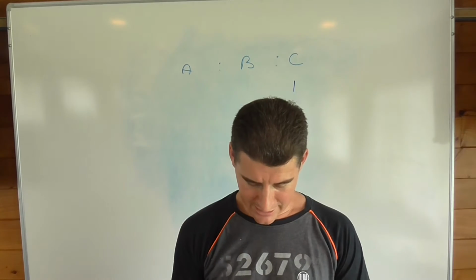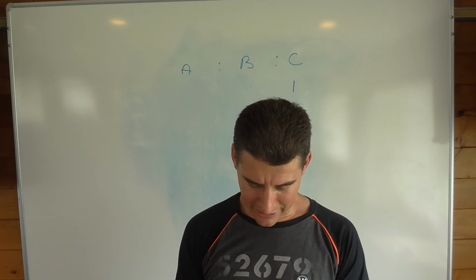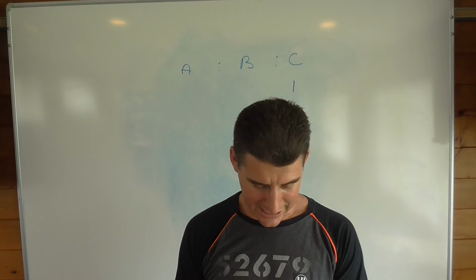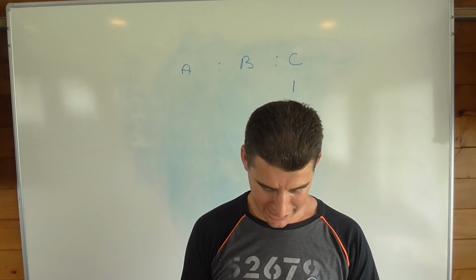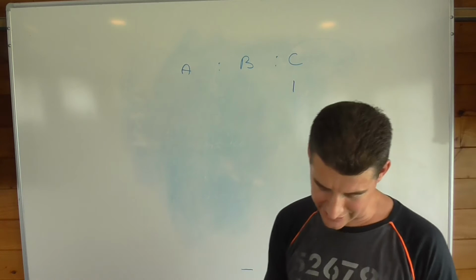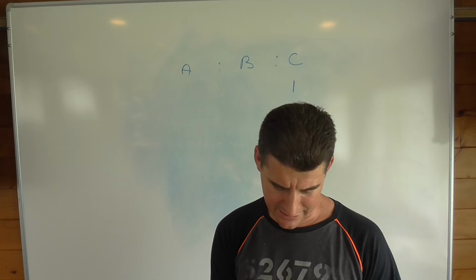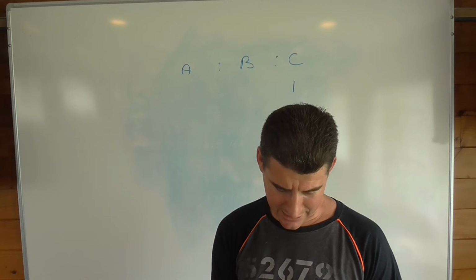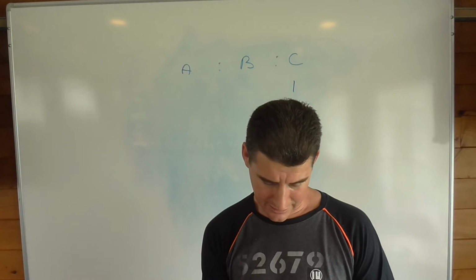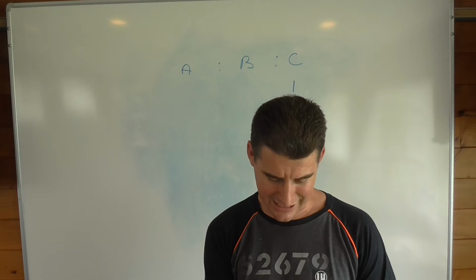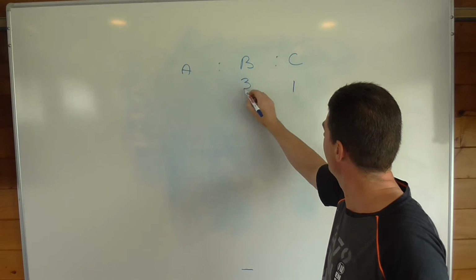B receives 3 times as much as C, because it says here B receives 3 times as much as C. So that'll be 3.